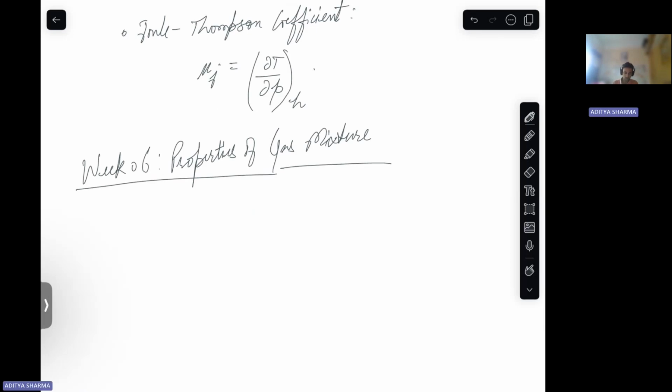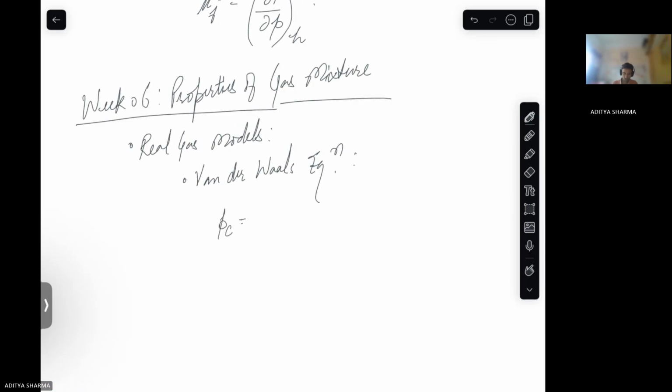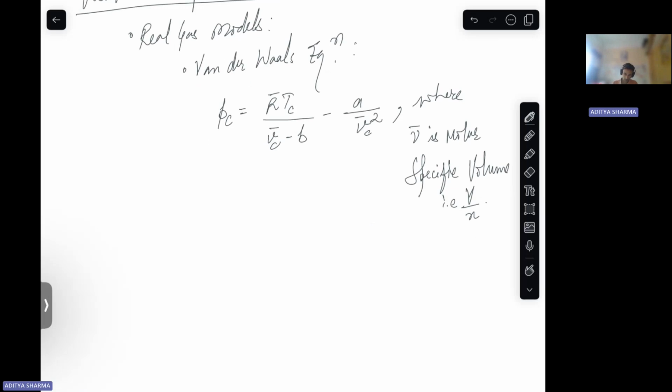Properties of gas mixture, where we saw real gas models, out of which one is your van der Waals equation, which is this, where v is molar specific volume, that is V by N. Okay, so this is your van der Waals equation.